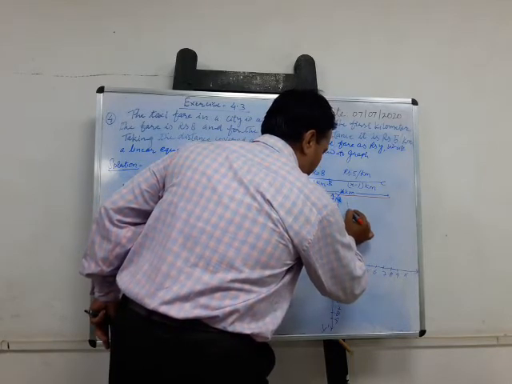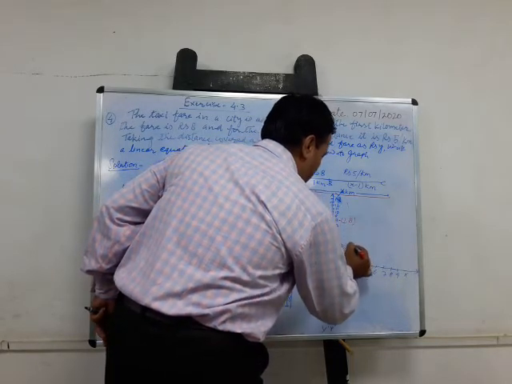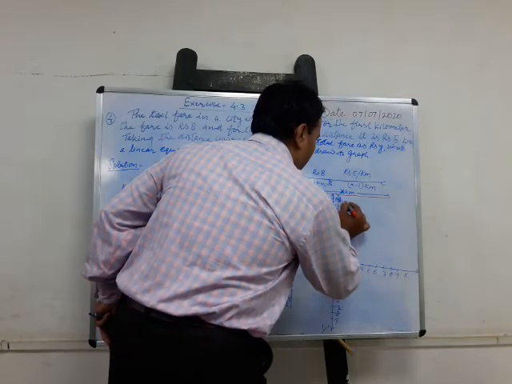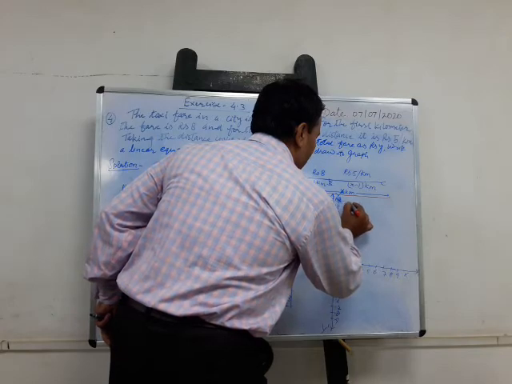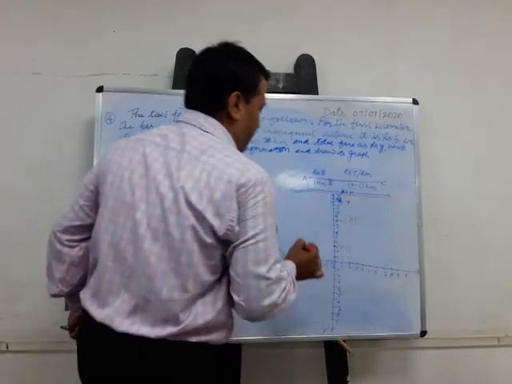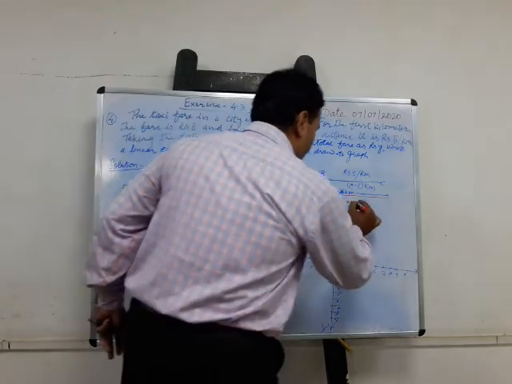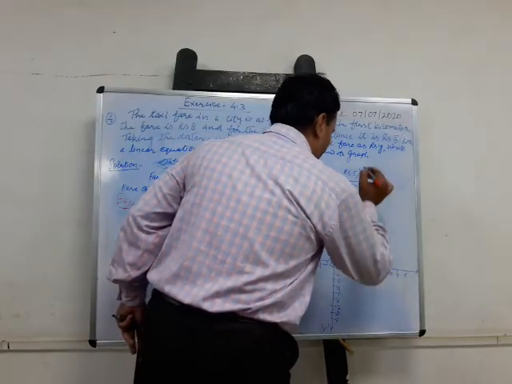So let us see the perpendicular from 2 and the perpendicular from 13, clear. These both perpendicular lines intersect each other at this point representing 2 and 13.